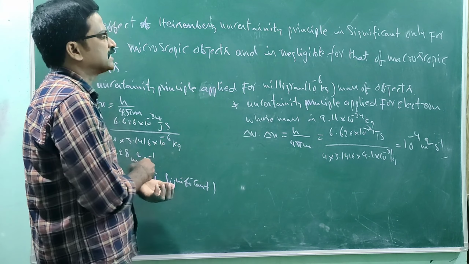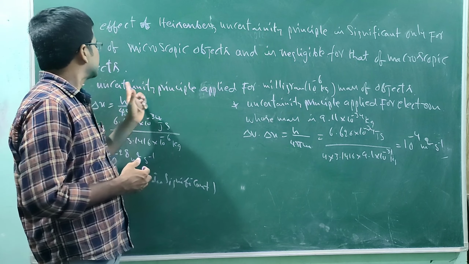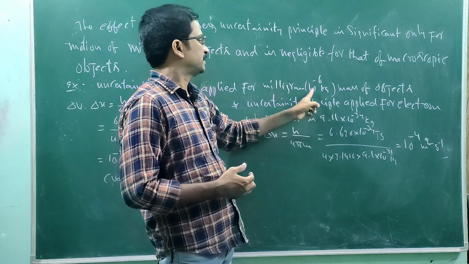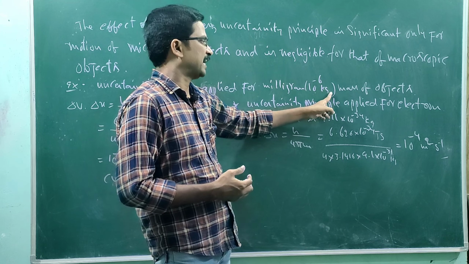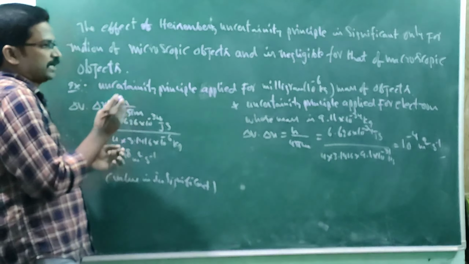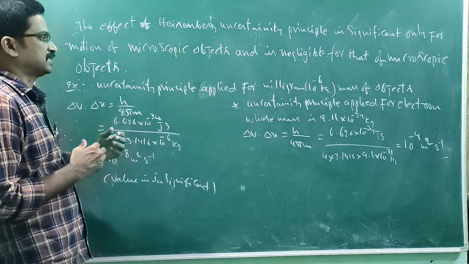Let us take two more examples for this. The uncertainty principle is applied for objects of milligram mass, that is 10 to the power of minus 6 kg. This is a greater mass compared to the electron mass.